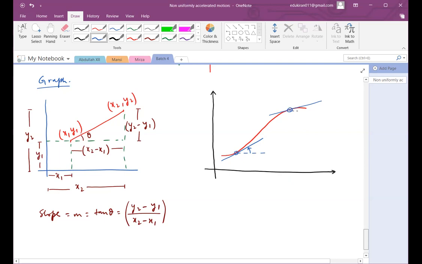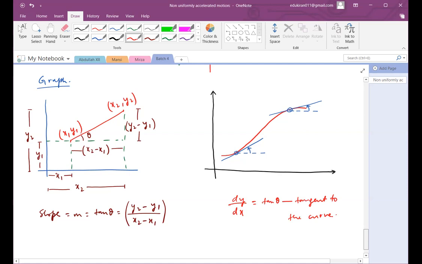Similarly for the other point, it will be the slope of the curve at this instant. Now, using calculus, dy over dx will define tan theta, the tangent to the curve at that instant.